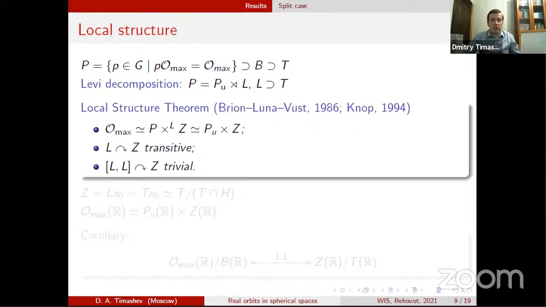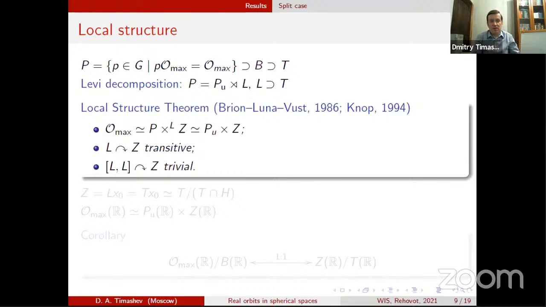The local structure theorem of Brion-Luna-Vust, which was later on reproved differently by Knop, says that the action of P on this open Borel orbit, O max, has a very simple structure. Actually, it is a homogeneous fiber bundle over P mod L. And so, thanks to this Levi decomposition, it decomposes as a direct product of P U and Z, where Z is the fiber of this bundle.